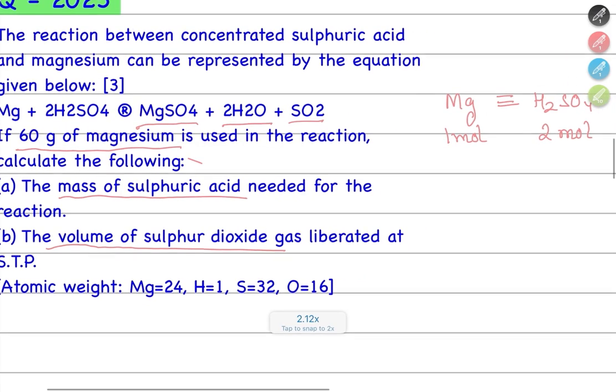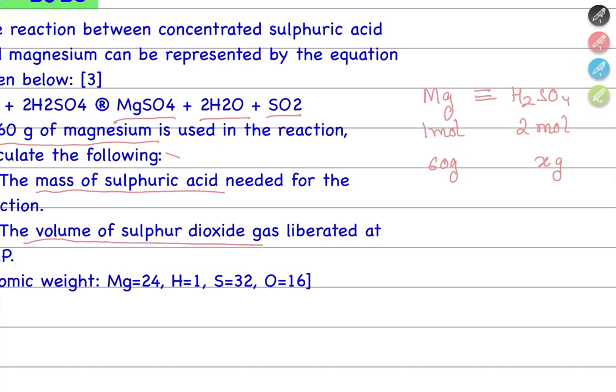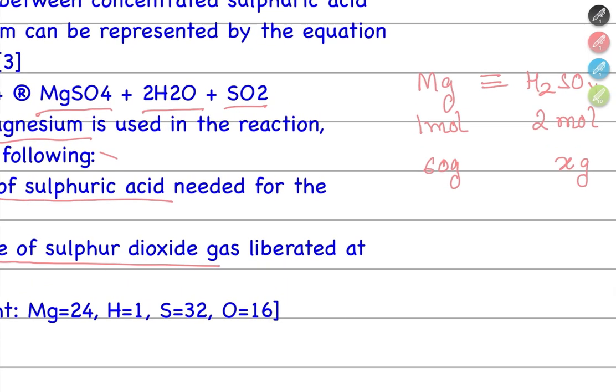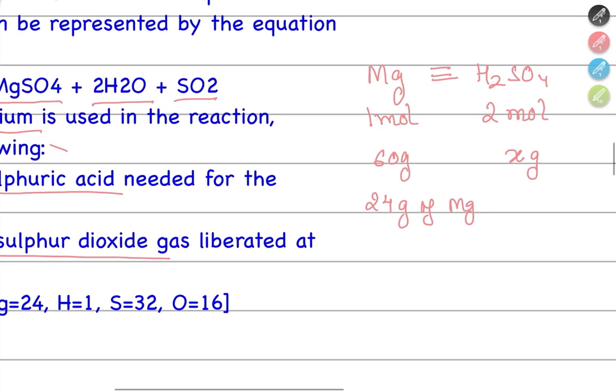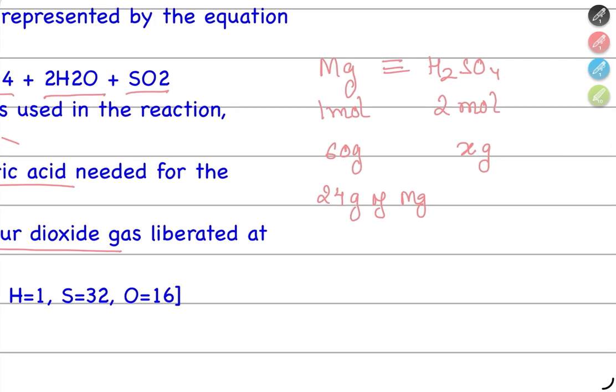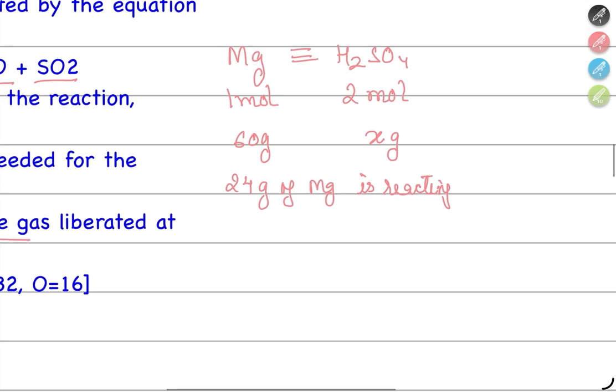Now here, they have given 60 grams of magnesium and they are expecting us to calculate the mass of sulfuric acid. As per the question, we need to get the answer in grams, so I have to convert this mole ratio to grams. 1 mole of magnesium, the mass given is 24 gram of magnesium, is reacting with 2 moles of sulfuric acid.